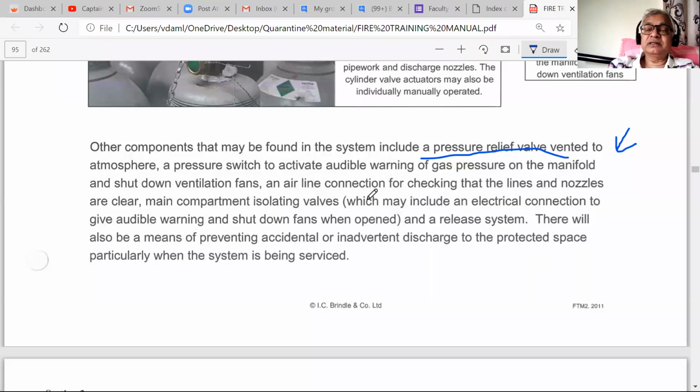You blow it clear so that there are no obstacles gathered in it. It may be cargo residue, it may be condensation, and condensation becoming ice is also possible. So we always take a lot of care of draining the system and so on.